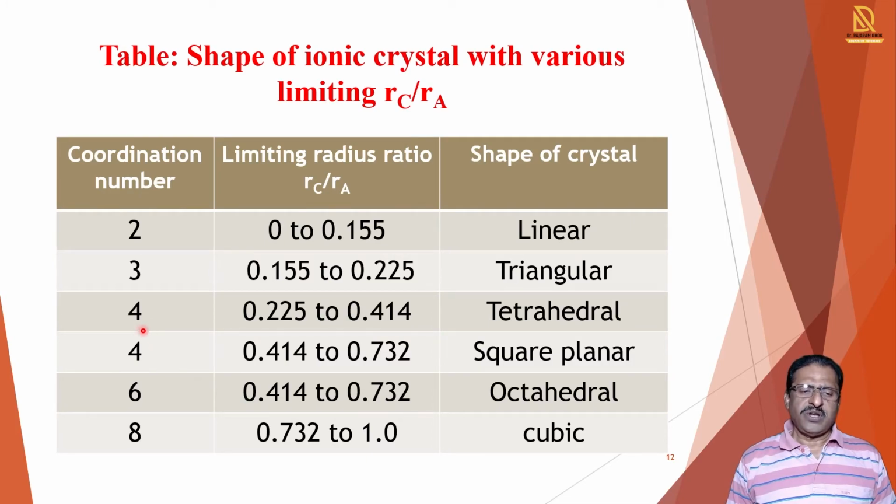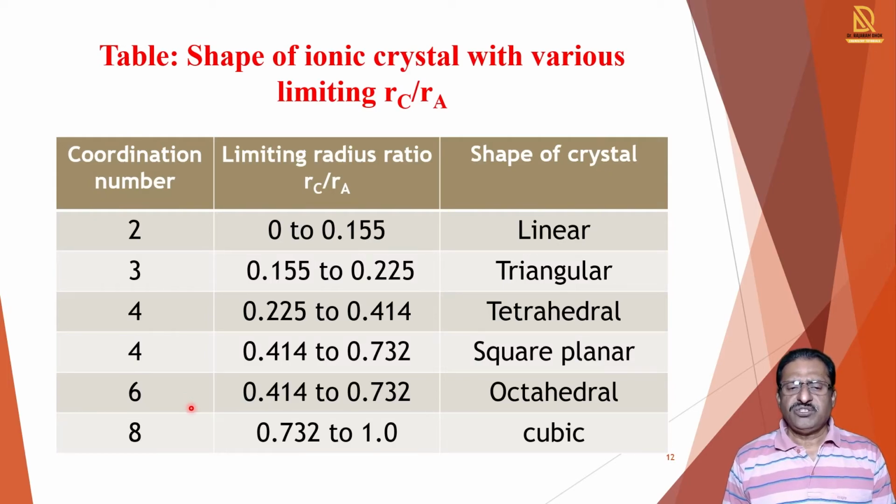Again, in coordination number 4, the limiting radius ratio is 0.414 to 0.73, and the shape is square planar. Now in coordination number 6, the limiting radius ratio is in the range of 0.414 to 0.732, and the shape of that crystal is octahedral.